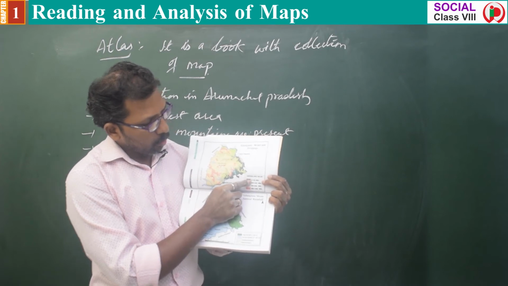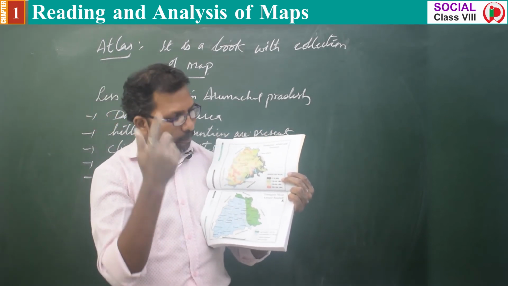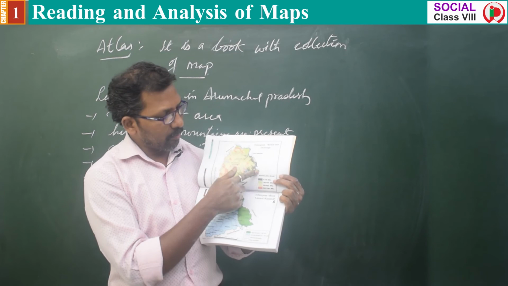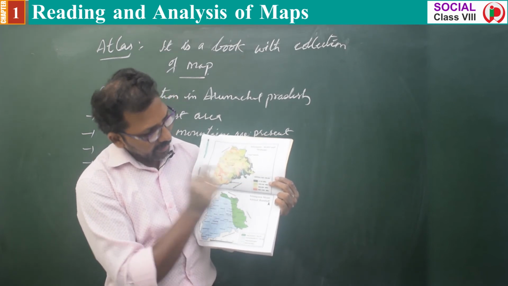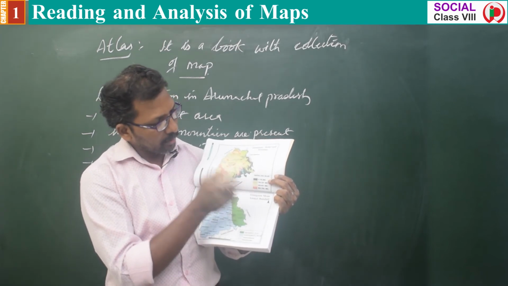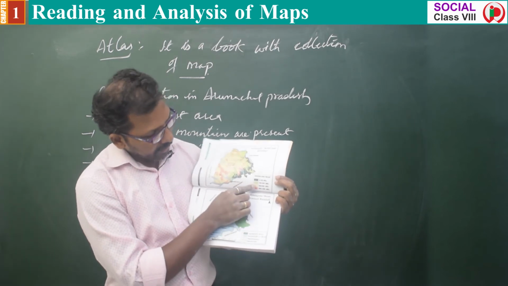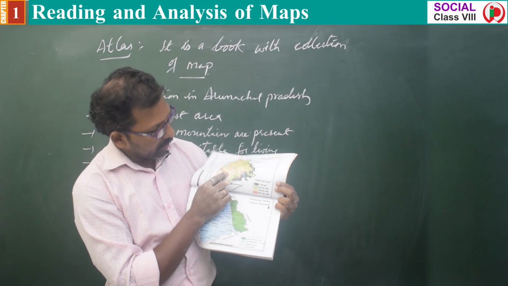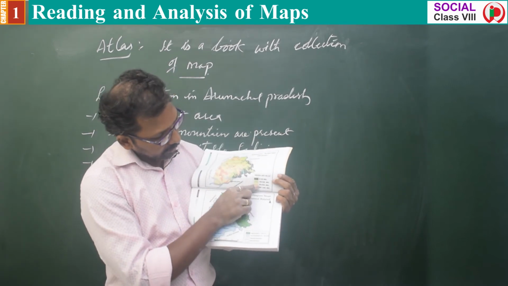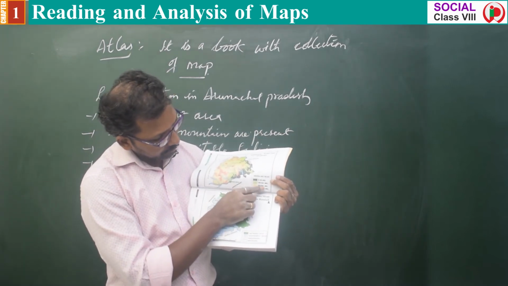It is 0 to 150 MSL, meaning mean sea level, above the mean sea level. Then light green is 150 to 300 MSL. Then yellow is plateau, around 300 to 600 mean sea level.